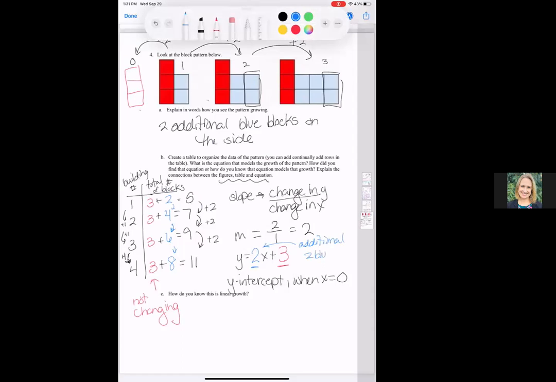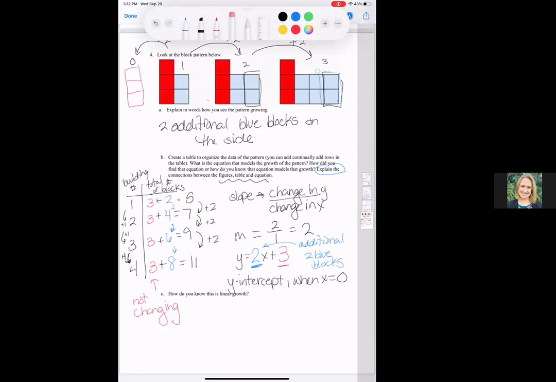2 blue blocks. And that's what I mean by explain the connections. I want you to see where the slope is in the table, where the slope is in the equation, which I know you already know because of the formula, and also where we see this idea of slope in the buildings.